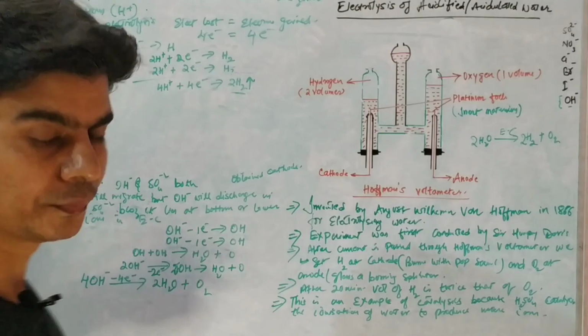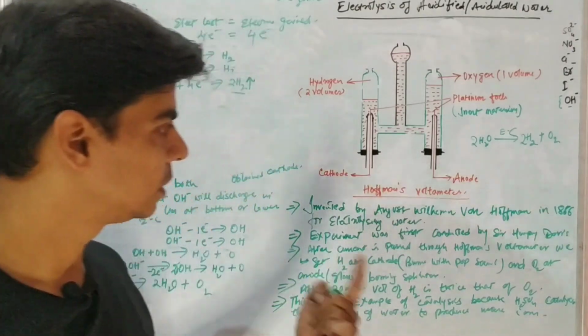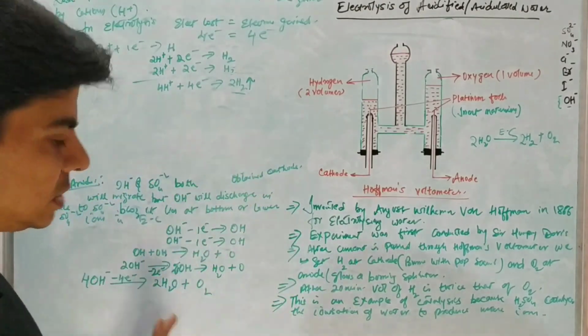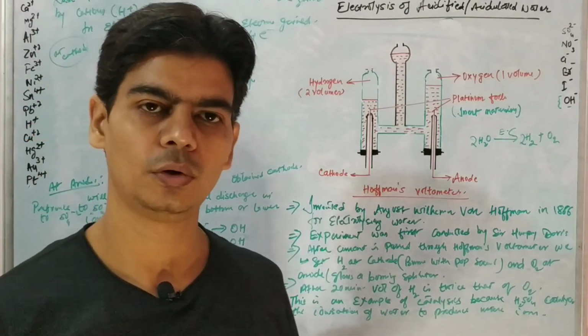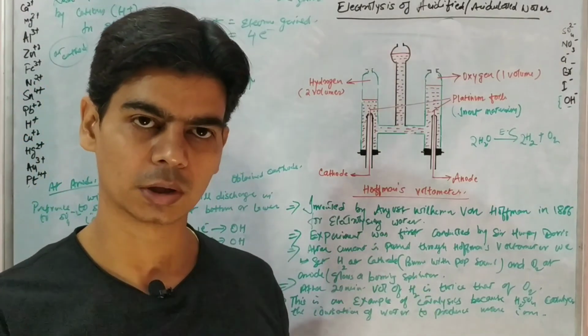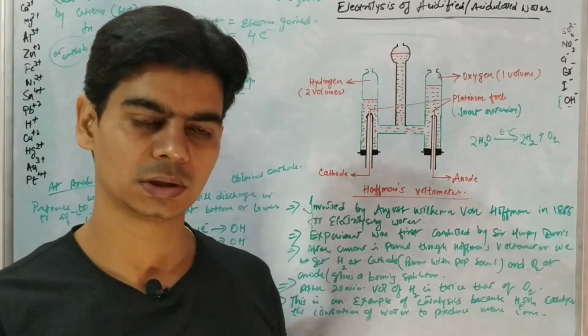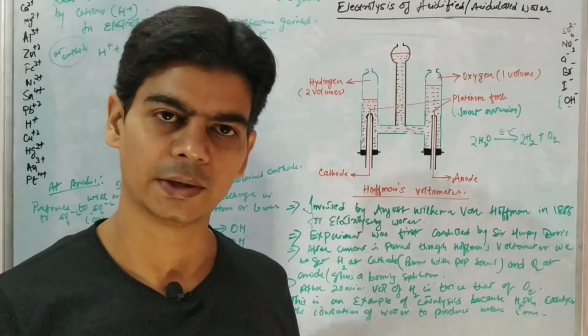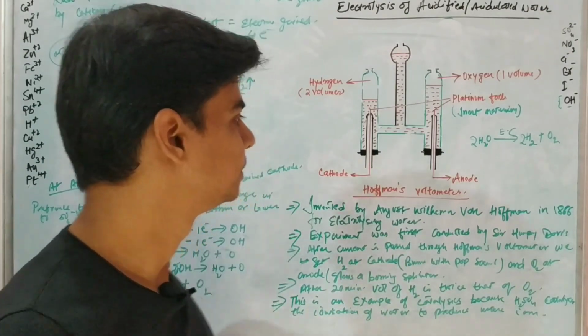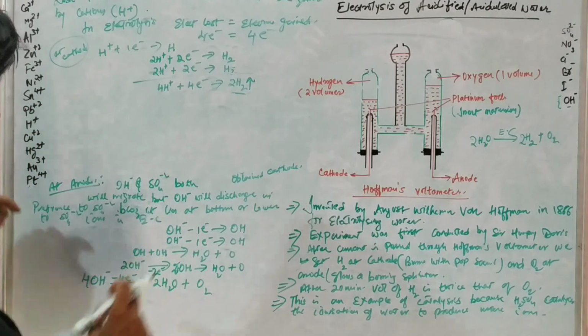All these reactions proved that 1 molecule of water, H2O, consists of 2 volumes of hydrogen and 1 volume of oxygen, right?